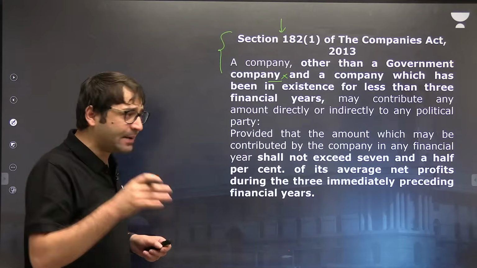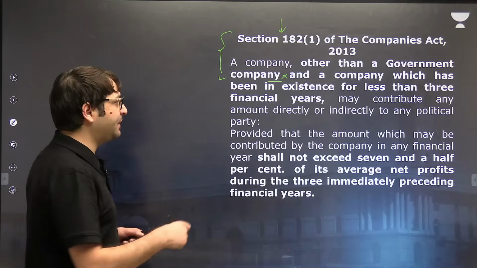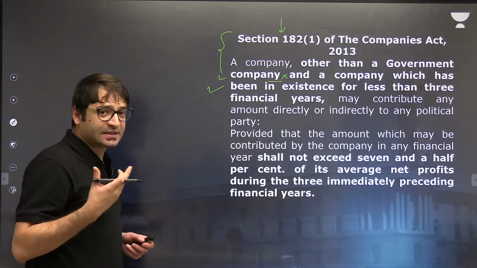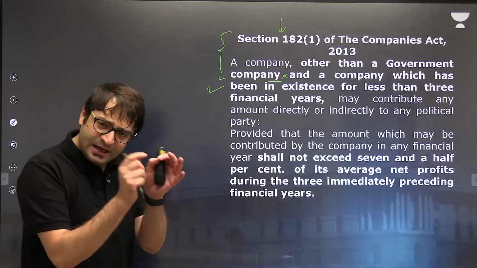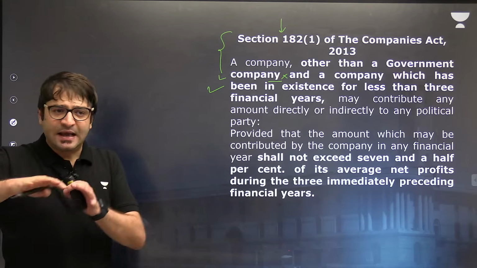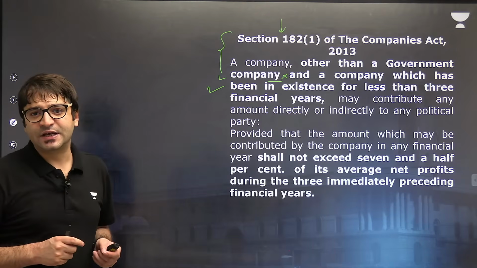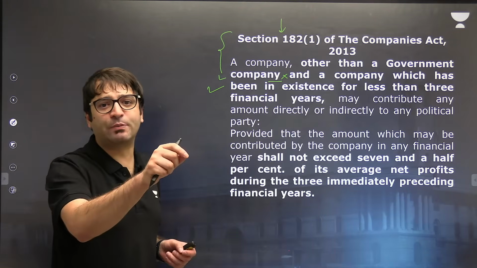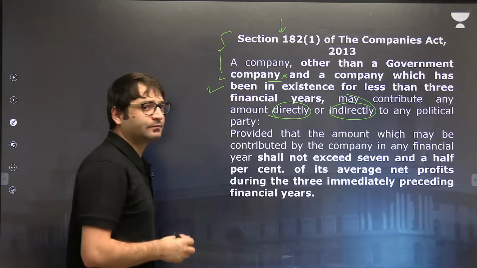Any company, except a government company and a company which has been in existence for less than 3 financial years, may contribute money to a political party, either directly or indirectly.